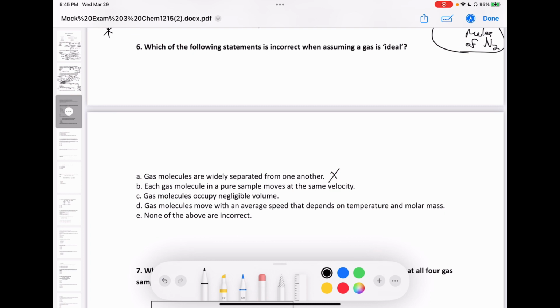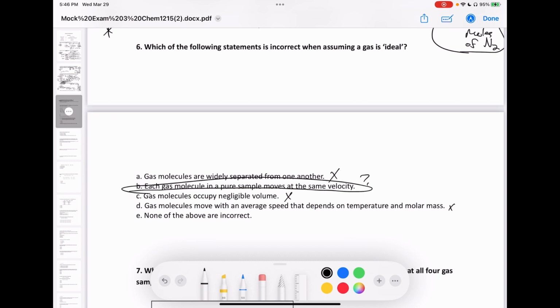Each gas molecule in a pure sample moves at the same velocity. That's a possible one. And then gas molecules occupy negligible volume. Another assumption from ideal gases is that they don't take up any space, so probably not that one. Gas molecules move with an average speed that depends on the temperature and molar mass. Probably not that one. So you guys probably already know it's going to be answer choice B.